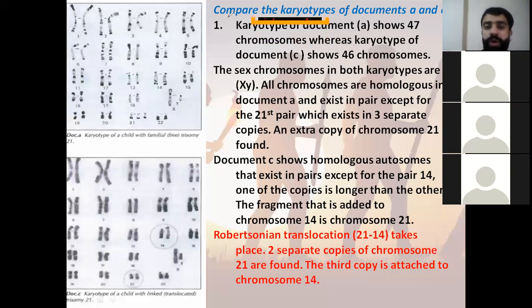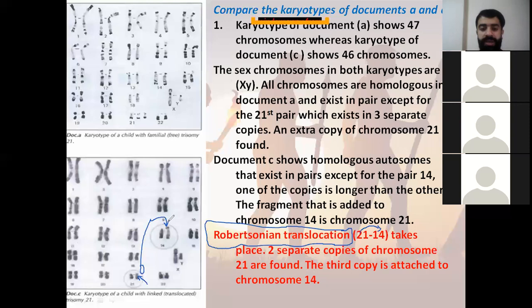So this is what we call, from now on, whenever we have translocation from chromosome number 21 to chromosome number 14, the Robertsonian translocation, which is translocation from chromosome number 21 to chromosome number 14. This takes place when there are 2 separate copies of chromosome number 21 and 1 copy is translocated to chromosome number 14. So this is called the Robertsonian translocation.